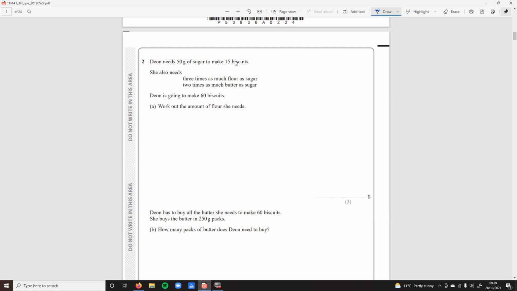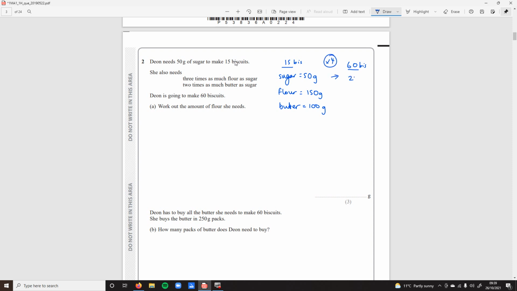So for 15 biscuits, she would need 50 grams of sugar, 150 grams of flour, and 100 grams of butter. For 60 biscuits, she needs 4 times the amount of all of those.